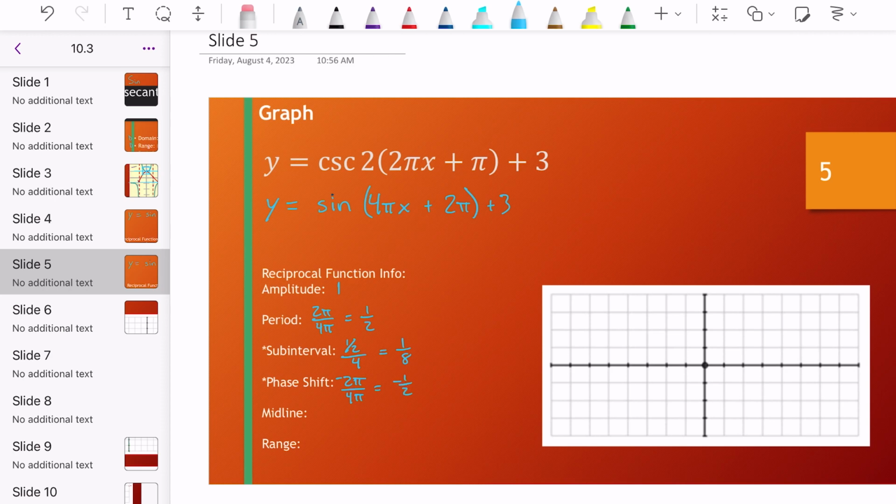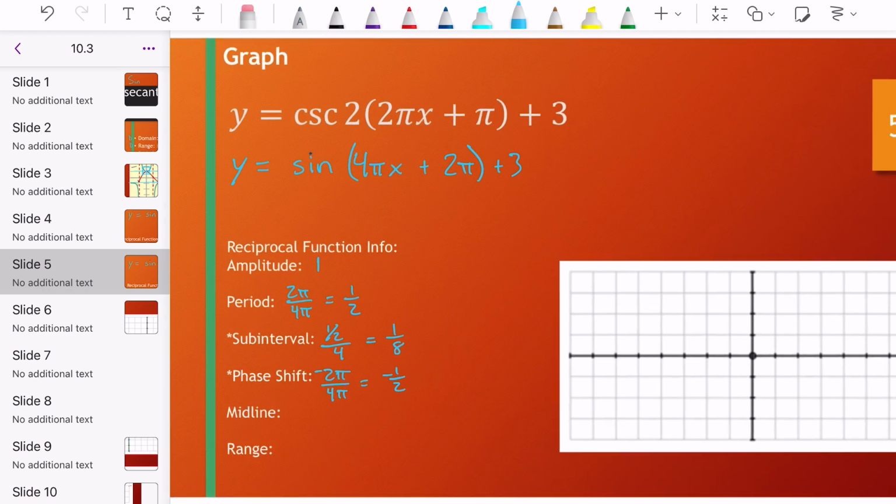Now keep in mind, when we have our phase shift and our subintervals with different denominators, we want to make sure that they end up with the same denominator. In this case, this would convert into a negative 4 over 8. Our midline would be 3, and our range would extend from 2 to 4.